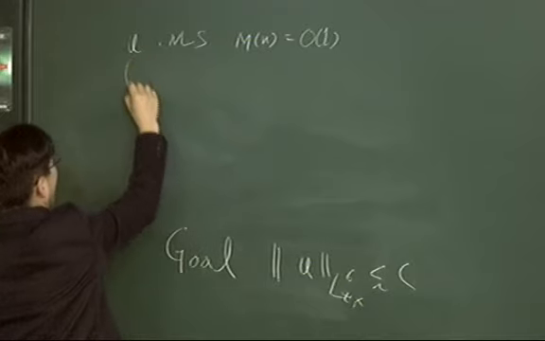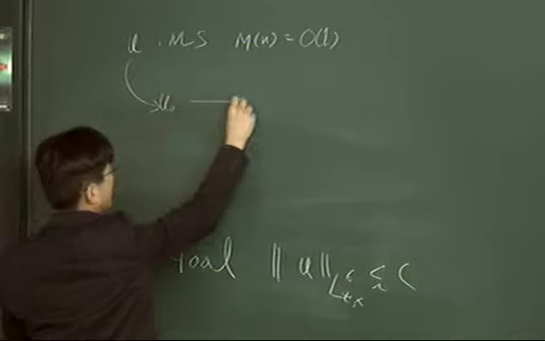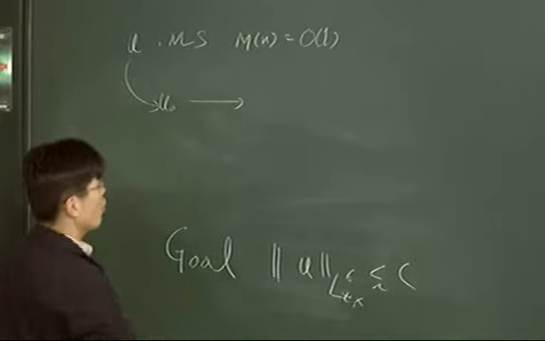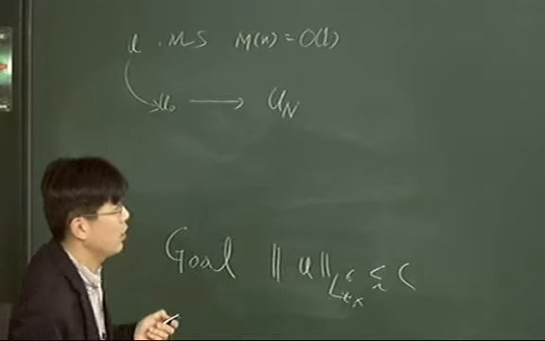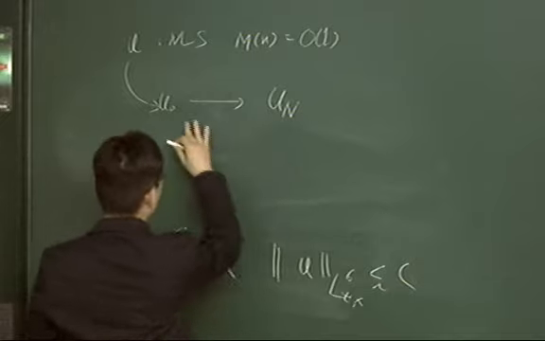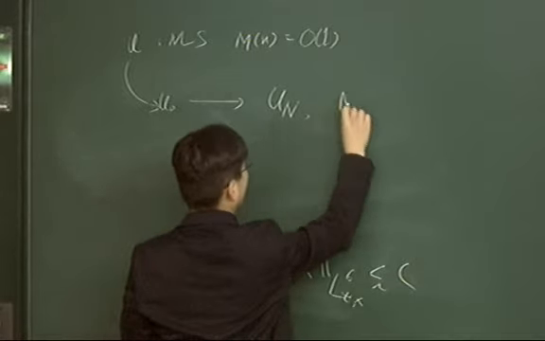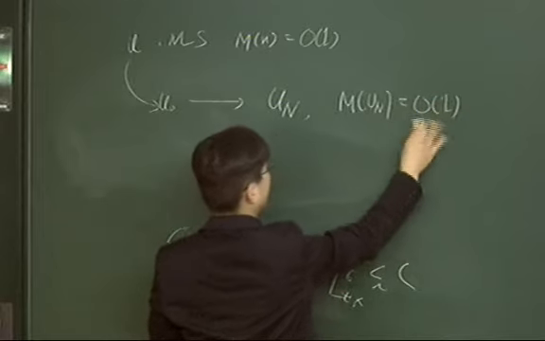Then for the given linear solution, we have the initial data. Then by such approximation, we can find an approximate solution to the KdV like this. Here we can also observe that the mass of u_N is also equal to the same constant.